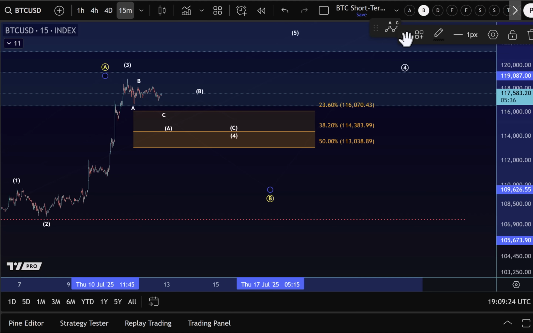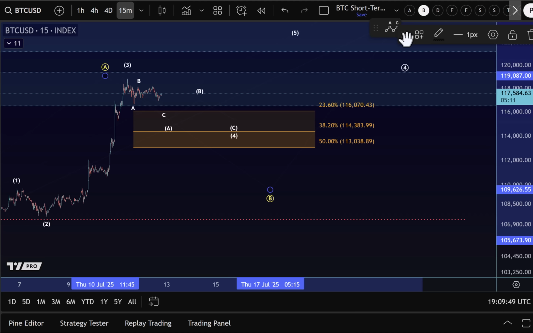Because the C wave that I showed you in the beginning, to the upside, to 130K, can unfold either as an impulse. That's the preferred interpretation as long as we're holding all support levels. But it can also unfold as a diagonal structure. And that is what we're tracking here right now in the yellow scenario. But there is absolutely no evidence for it. But I need to present you with more than just one scenario.